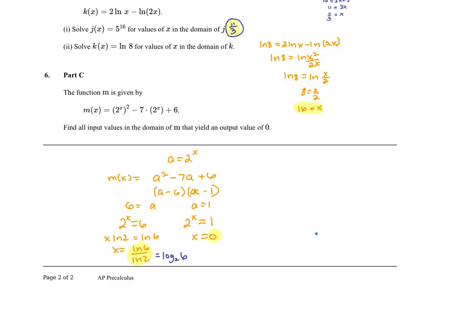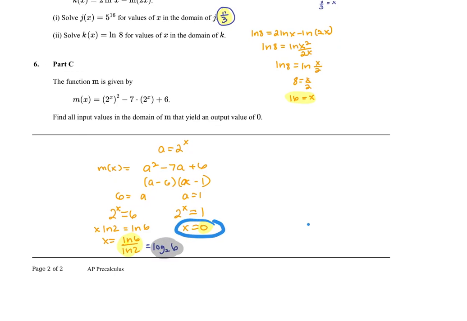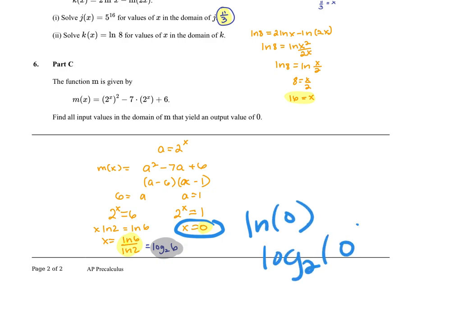You cannot do that with your 0. I cannot take the log of 0 or log base 2 of 0. Those are going to give me errors. So that's an extraneous root that we don't keep. Any questions on this?